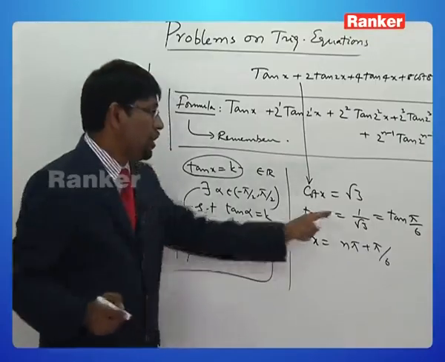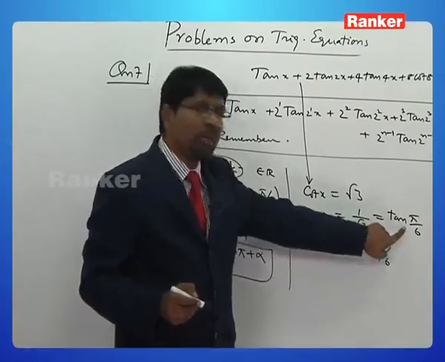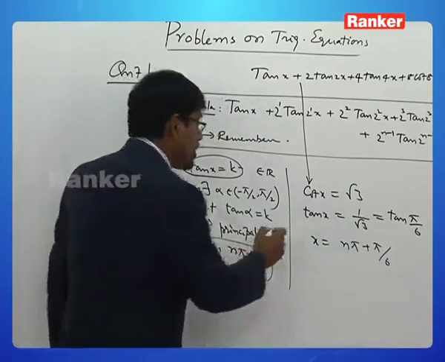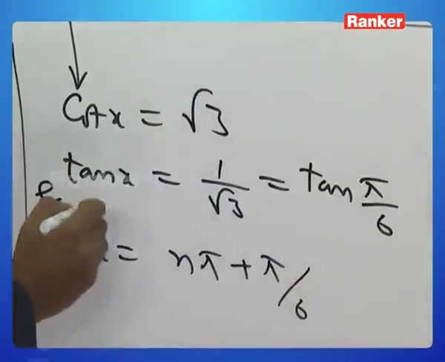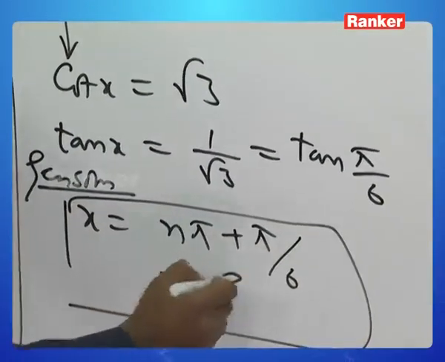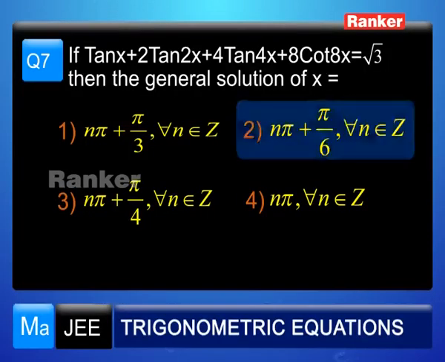That's what we have used here. Tan pi by 6 is equal to 1 by root 3. That pi by 6 is the principal value. So we wrote the general solution. The general solution is therefore n pi plus pi by 6, and n can be any integer. So that is clearly appearing in option 2. So option 2 is the right answer.